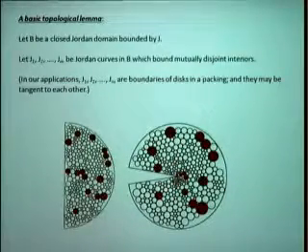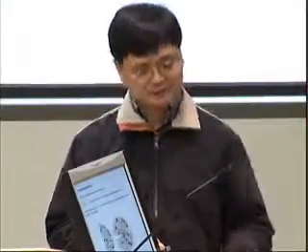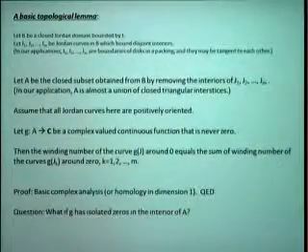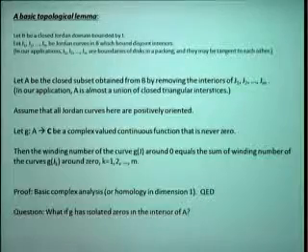Those are actually boundaries of disks in our applications. And A is the closed subset obtained from the domain by removing the interiors of those little curves. In our application, A is a union of closed triangular interstices, so they are not disks.